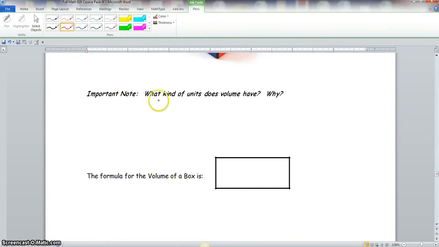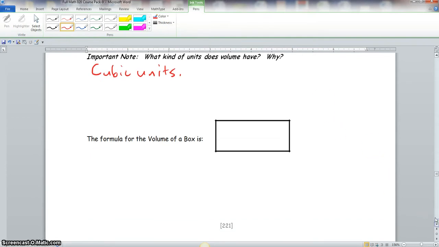Let's look at this important note. What kind of units does volume have? It has cubic units. So that means everything will be cubed, because volume, since it's three-dimensional, usually has the same numbers multiplied by itself 3 times with the 3 units.